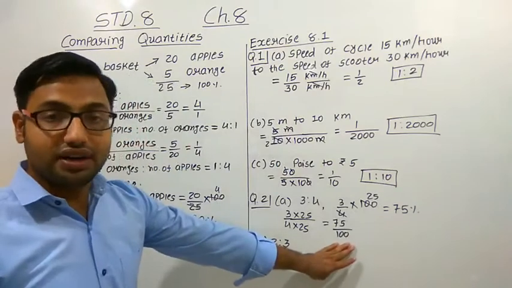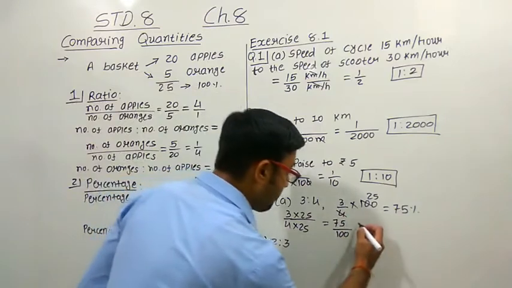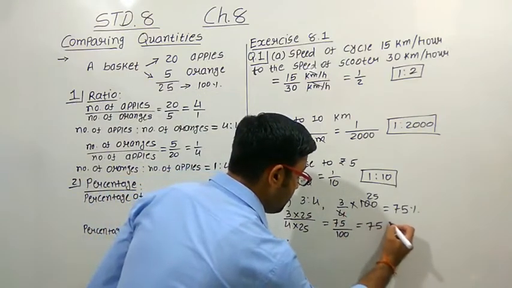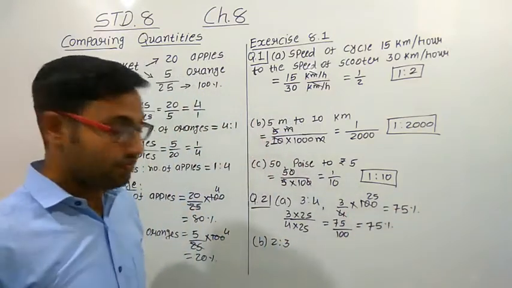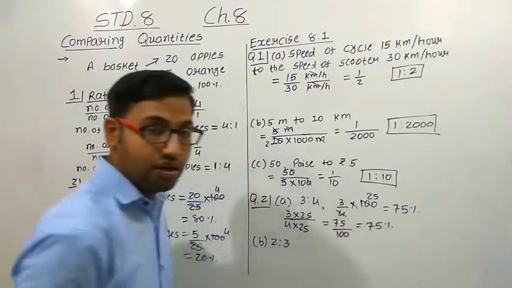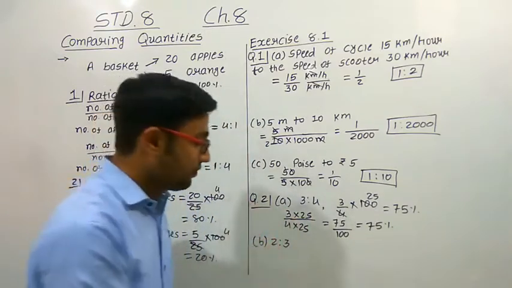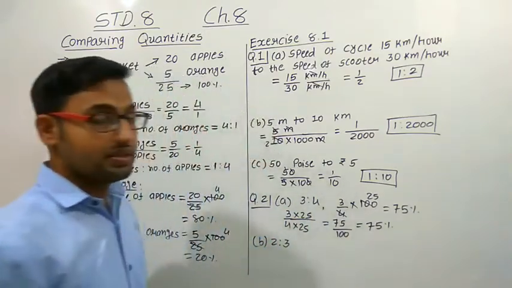So whenever there is 100 in the denominator, whatever is in the numerator will become the percentage. So this will now become 75%. So these are the two methods. We can directly multiply this ratio with 100, or we can make the denominator equal to 100. So both ways we get the same answer.